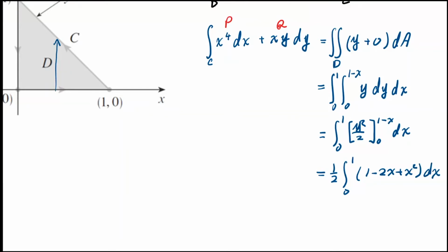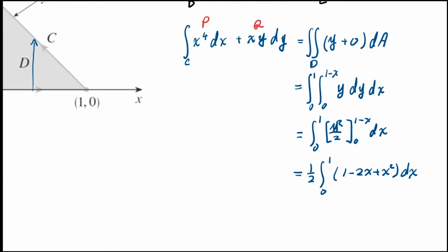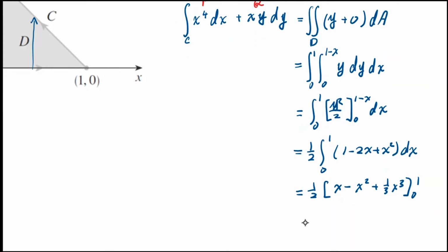Say yes. Are you getting lost? And that will be 1/2 of, so we have x minus x squared plus 1/3 of x cubed from 0 to 1. Good. And this is the most challenging part. So if I do it in my head, 1/6. How about that?